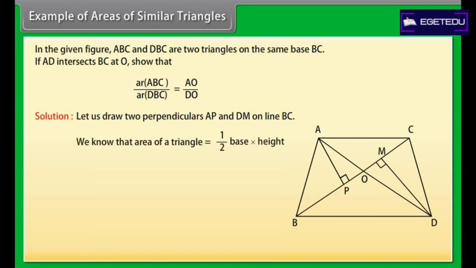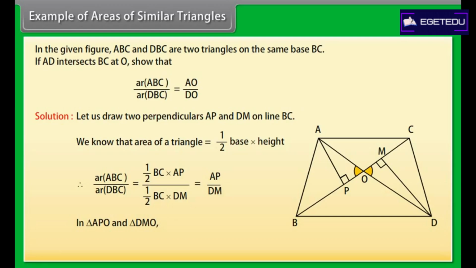We know that area of a triangle is equal to 1 by 2 into base into height. Therefore, area of triangle ABC upon area of triangle DBC is equal to AP upon DM. In triangle APO and triangle DMO, angle APO equals angle DMO, each 90 degrees.